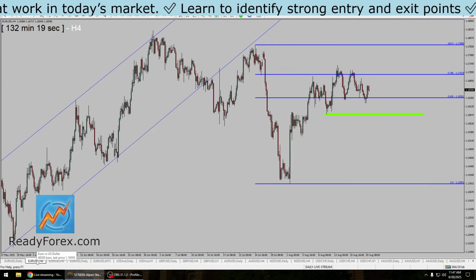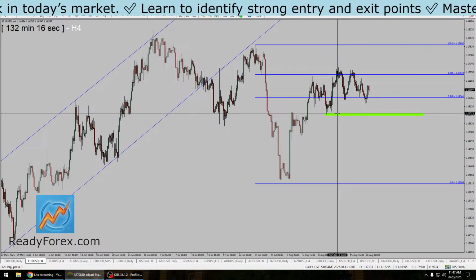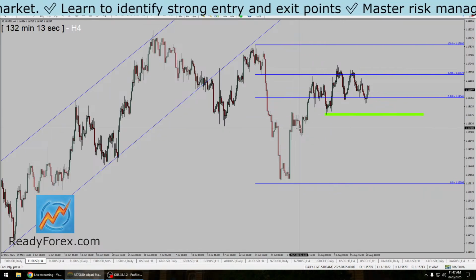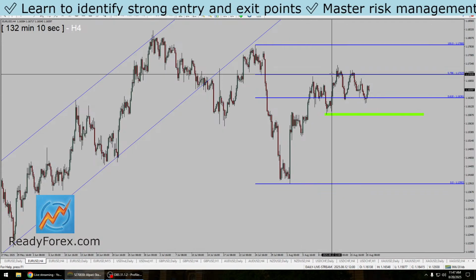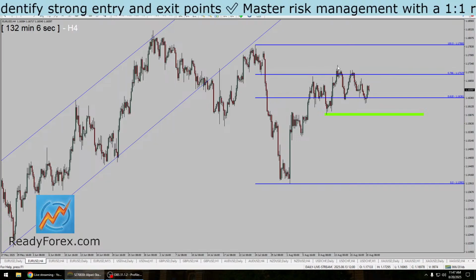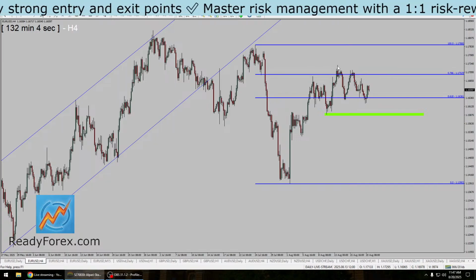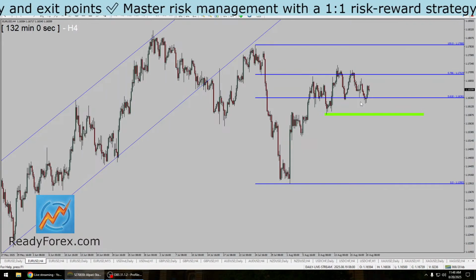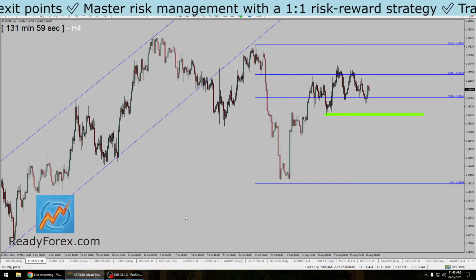Okay, let's go to the 4 hour. So here's the support down over here. We got these two, three bullish drives to the upside over here, and this is telling me that the market wants to move sideways, and maybe it's going to drop over here.